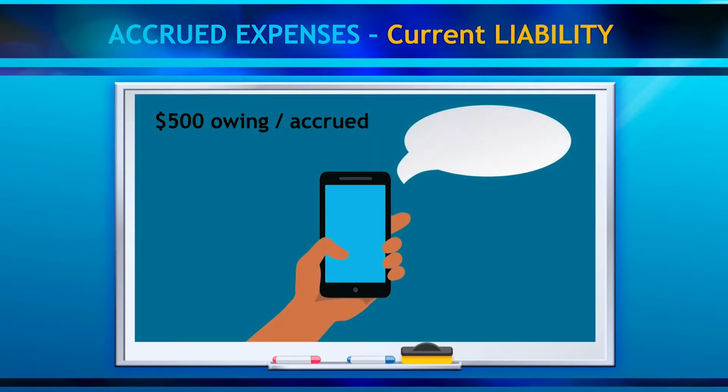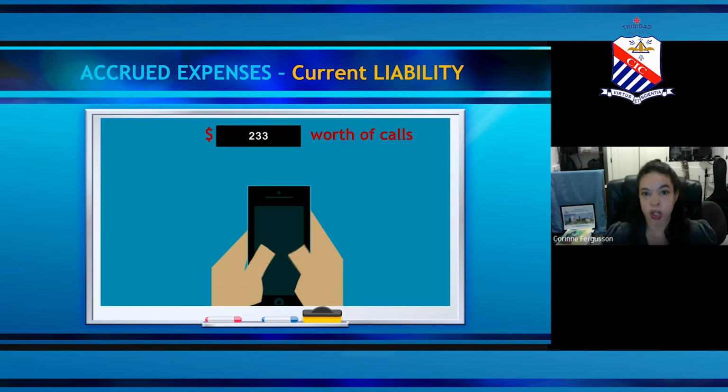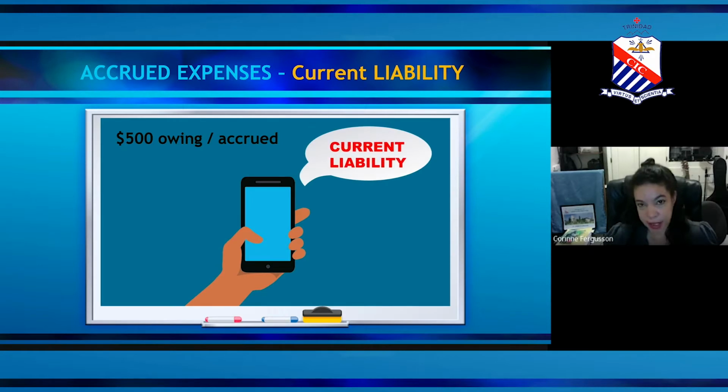If you haven't paid it as yet, because you have now incurred that $500 expense but have not paid for it, you are owing that amount of money. It's accrued. So your postpaid phone is an example of an accrued expense. You incur before you pay. And since you owe money, that means it's a current liability.